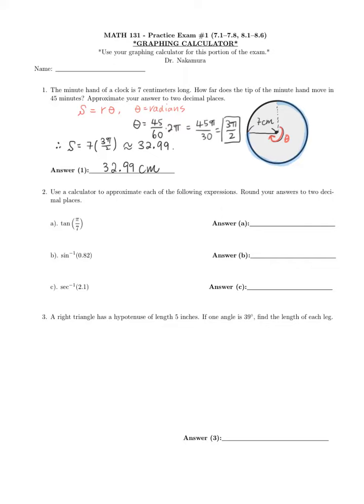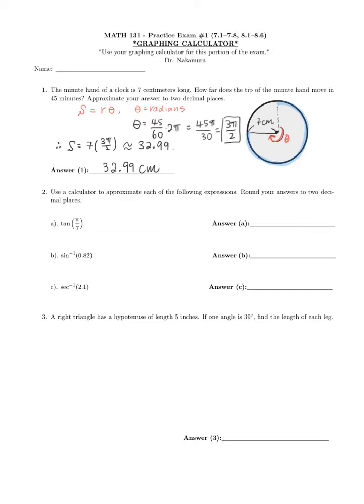Number 2, use a calculator to approximate each of the following expressions. Round your answer to 2 decimal places. So if you cannot find tangent or sine inverse or secant inverse, especially you are not going to see secant inverse on your graphing calculator. So I will try to show you how to compute that.